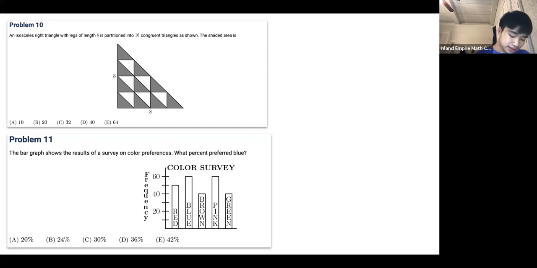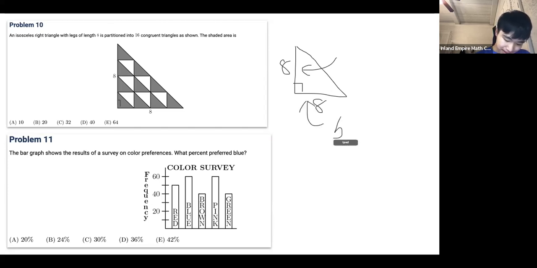Well, the way we do this is to first figure out the area of the big isosceles right triangle. Remember that the area of a triangle is base times height over 2. On a right triangle, the height is literally the side length here. So this is the height, and this is the base.